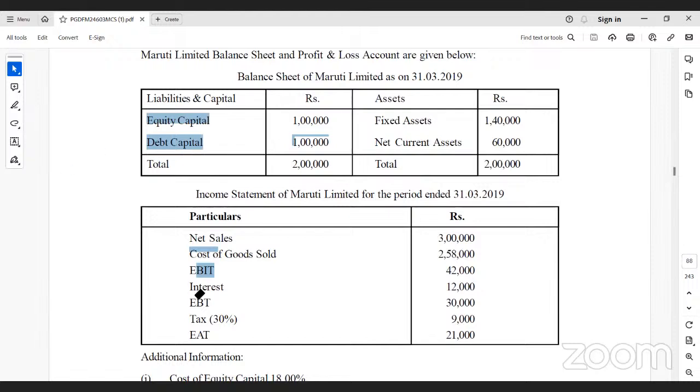Then the interest on debt capital is 12,000 rupees, assuming 12% interest on debt. 42,000 minus 12,000, so earnings before tax is 30,000. Assuming the tax is 30%, 30% of this 30,000 is 9,000. Earnings after tax is 21,000 rupees.